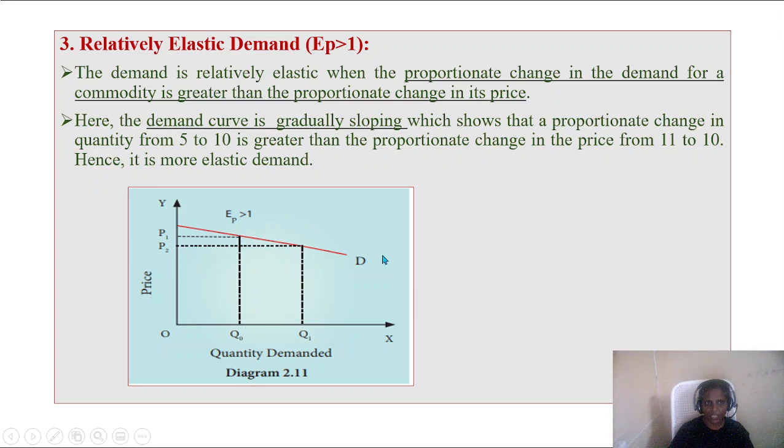So the demand curve gradually slopes downwards. When you join these price and quantity points, you get the red demand curve. It indicates that smaller changes in the price level lead to higher changes in the quantity demanded, which we call relatively elastic demand, or EP is greater than 1. This is the third situation.